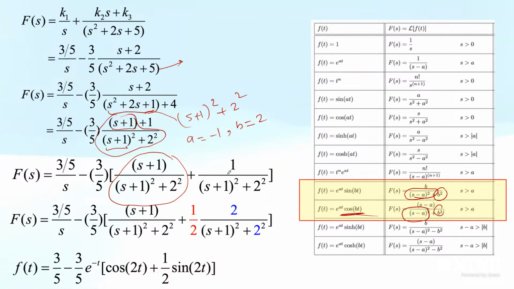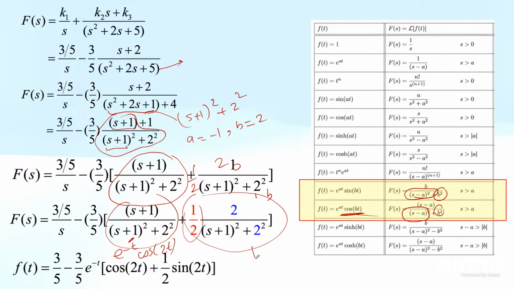But remember, I need to get B here, because this one is B. So I need to multiply here by 2 and divide outside by 2, like this. In this case, the first term will be converted into exponential minus t multiplied by cosine BT, which is 2t.